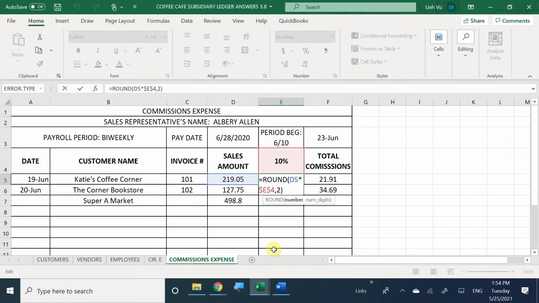It was the D5, and then what was the E4 one again? This one, the 10%. Okay. But I made it absolute because that's the number we're going to be constantly calculating with.